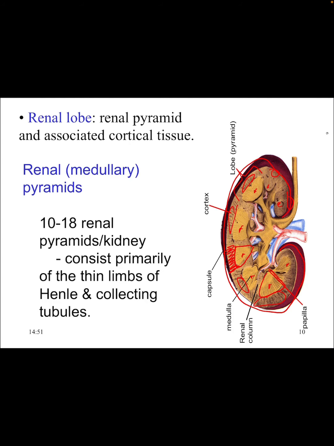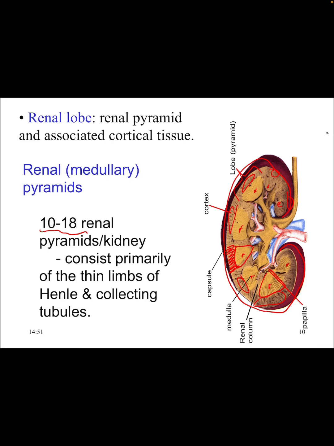All of these structures we call the renal lobe. And because this kidney has several lobes, they call it the multilobar kidney. So in a human, for example, we have 8 to 10 renal pyramids with associated parts from the cortex. We call it a renal lobe.